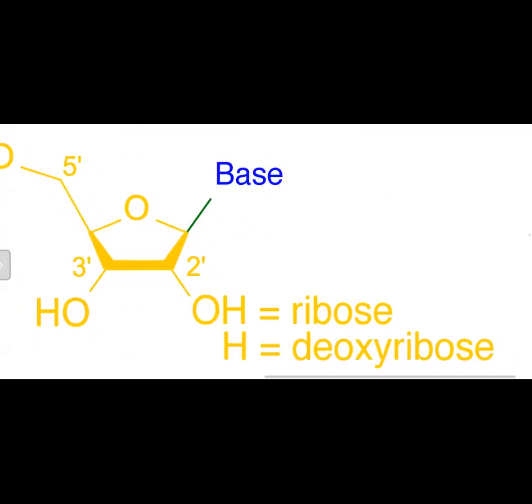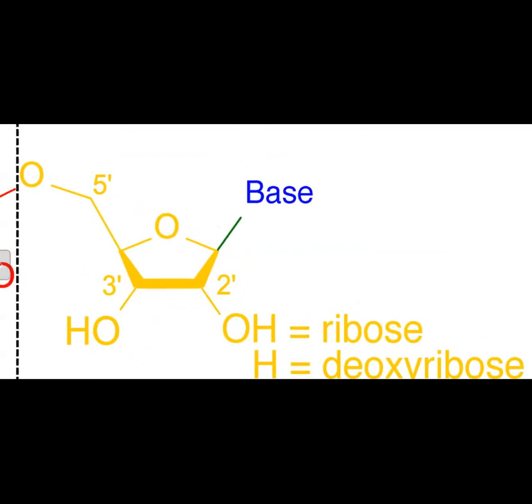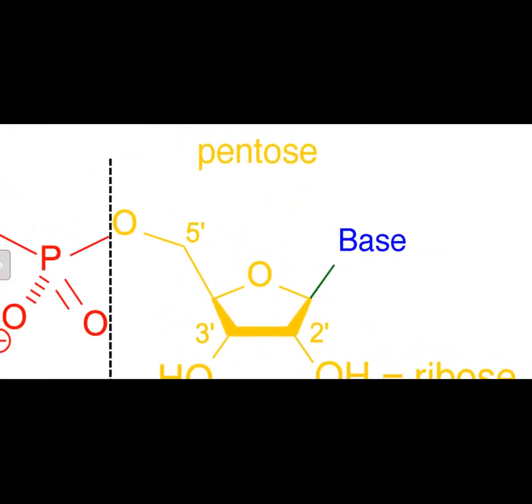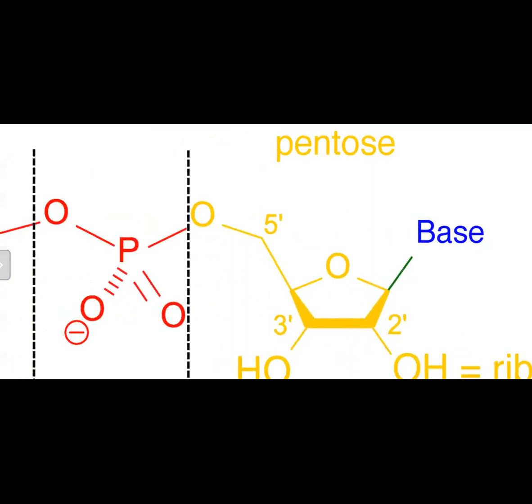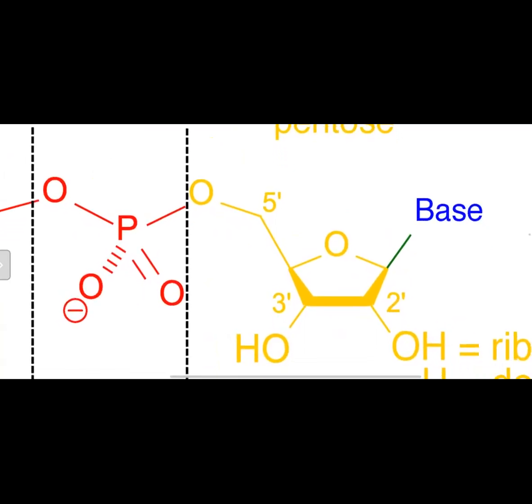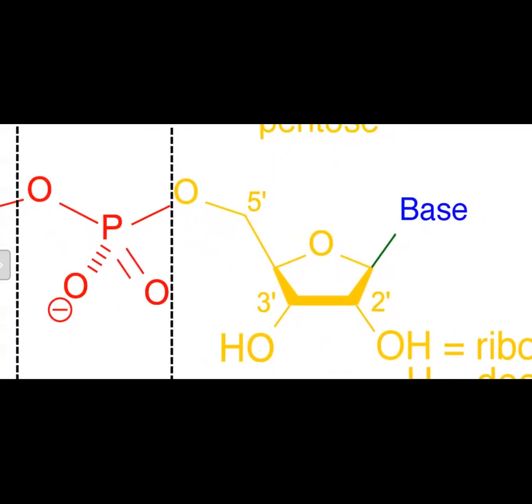To the fifth carbon, the phosphate group is attached. The bond between the C5 carbon of the pentose sugar and the phosphate group is called a phosphoester bond. This is the actual structure of the nucleotide: base, pentose sugar, and phosphate group.